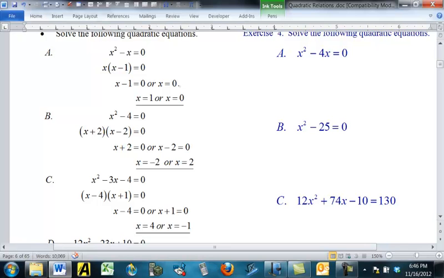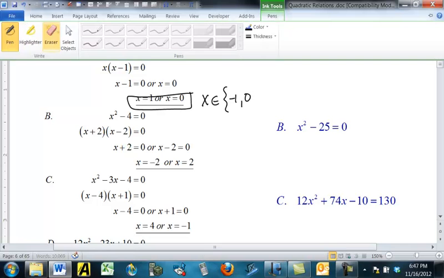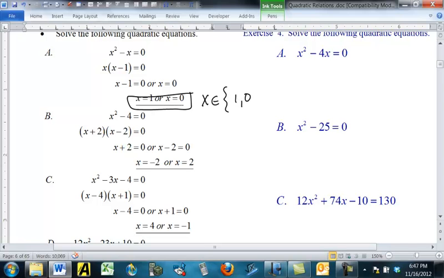You can write it this way with the word "or", or you can write it this way: x is an element of this set, positive 1, sorry, and 0. So you can write it this way or this way. When there's only two things, it's about the same difference either way.